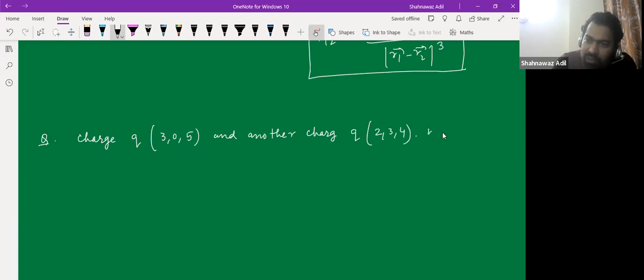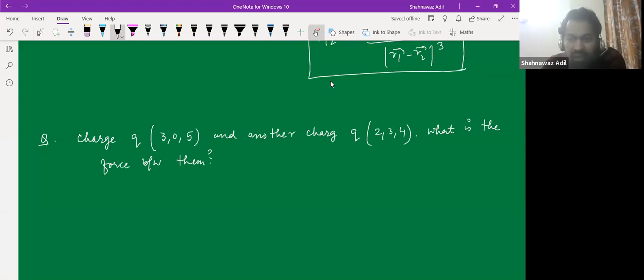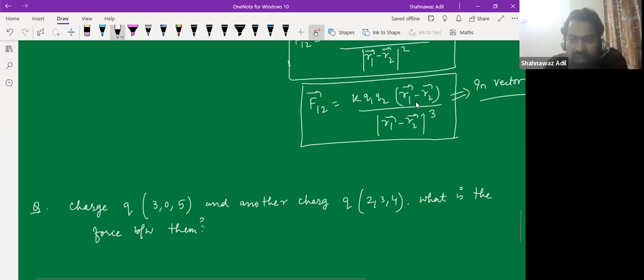Then what is the force between them, right? So then we will use this formula.